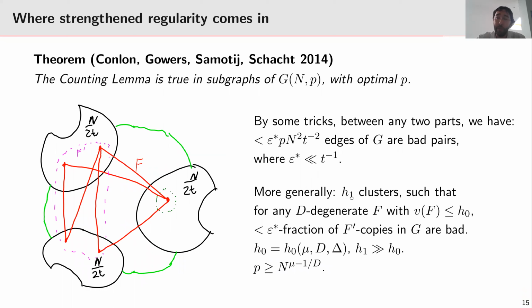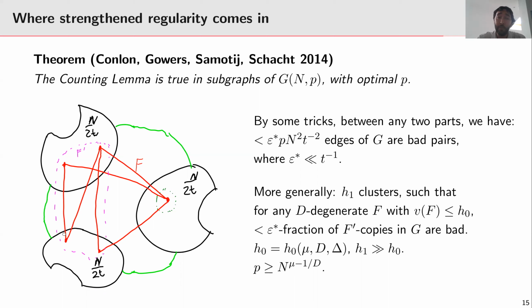And we won't just be able to talk about edges that extend to a third vertex making a triangle. We will be able to say, show me some bounded size graph F, constant size H0 at most, which is D-degenerate. Let's look at the last vertex here in the degeneracy order. And suppose that F prime is all the other vertices that come before this last vertex.